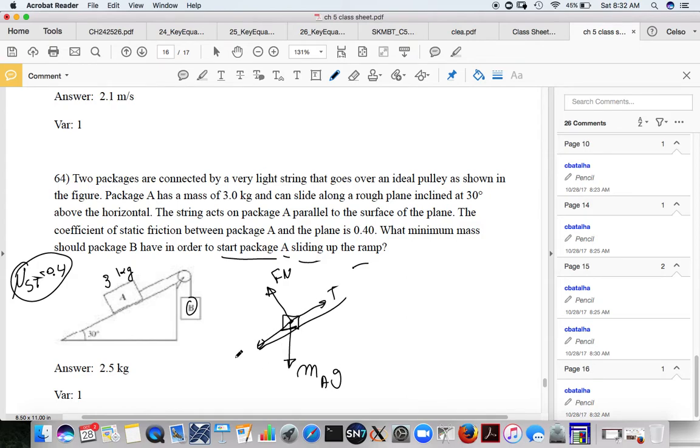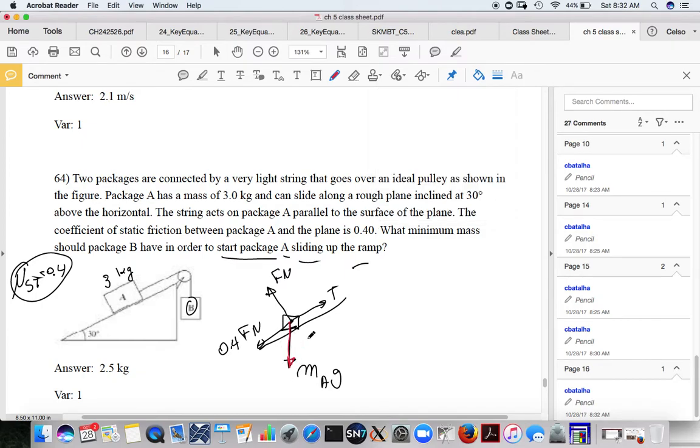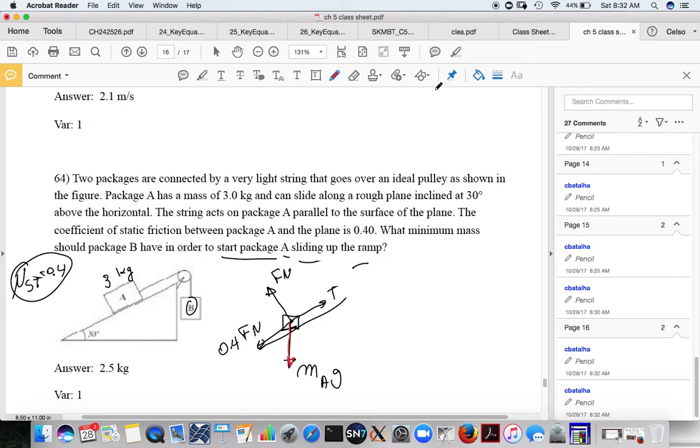Now the maximum value of static friction is the coefficient of static friction times the normal force. This is true for the maximum value, remember that, right? But normal force is what? It's not mg. How do we know normal force? We can take gravity and replace gravity by its projections.